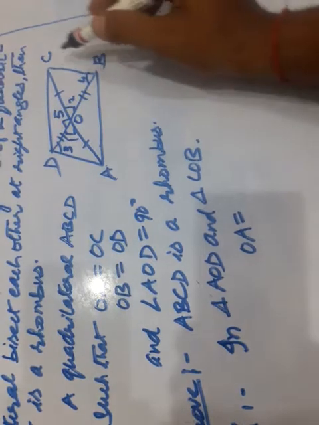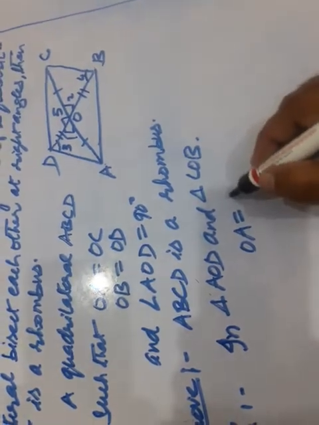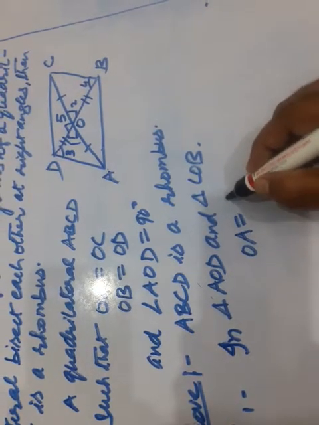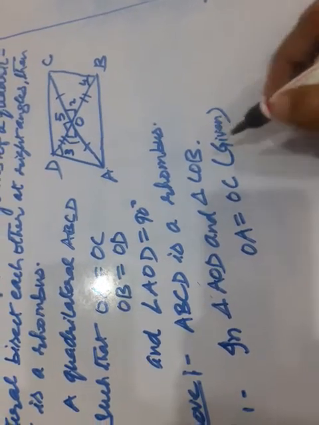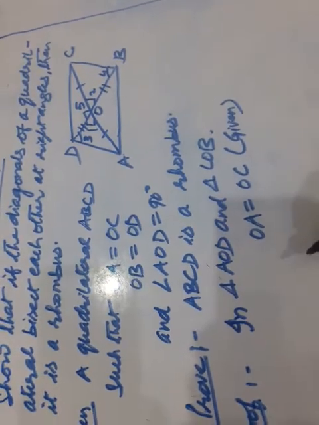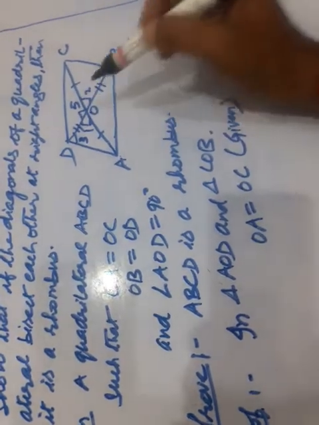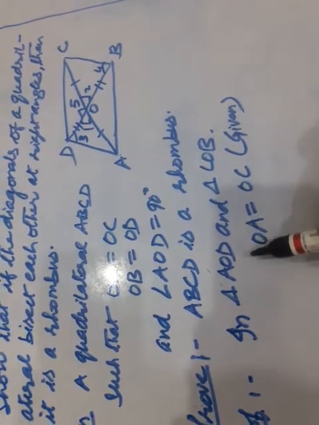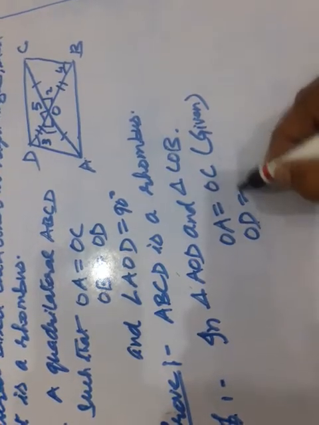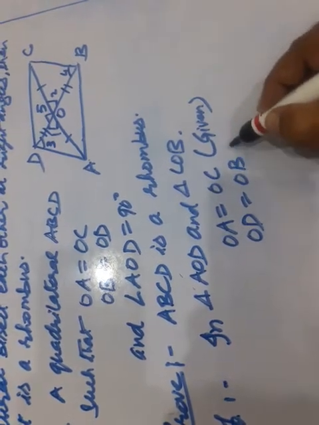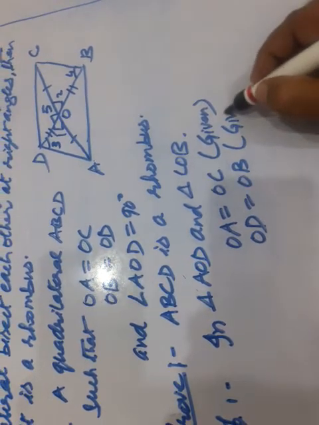In triangle AOD and COB we consider OA equal to OC, that is given, right? Okay, children, then what else is given? OD equal to OB, this is also given.